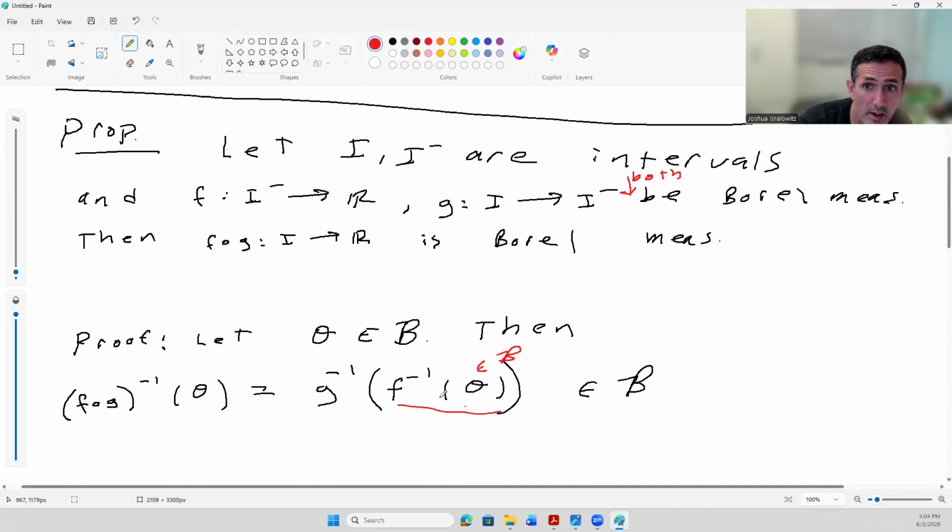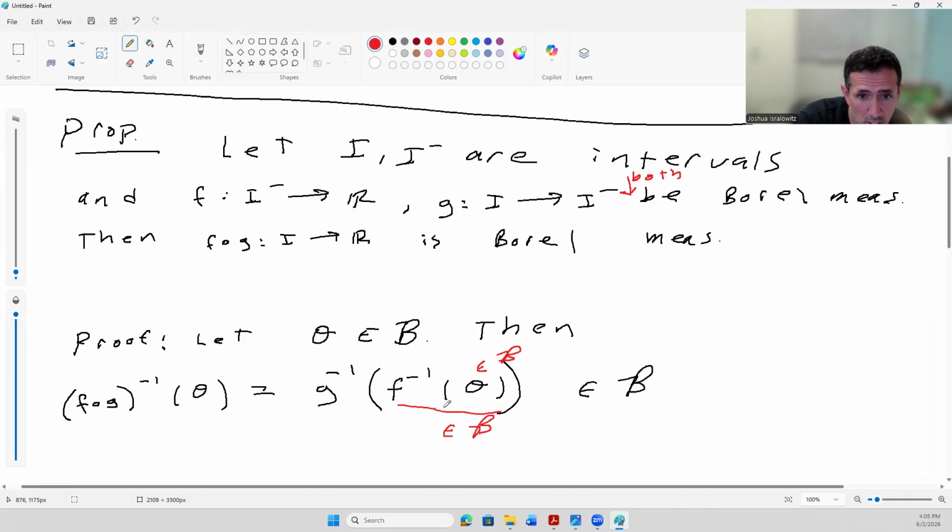Because F is Borel measurable, that means this is Borel. Of course, domains match. So this Borel set means the inverse image under G is Borel because we're assuming G is Borel measurable.